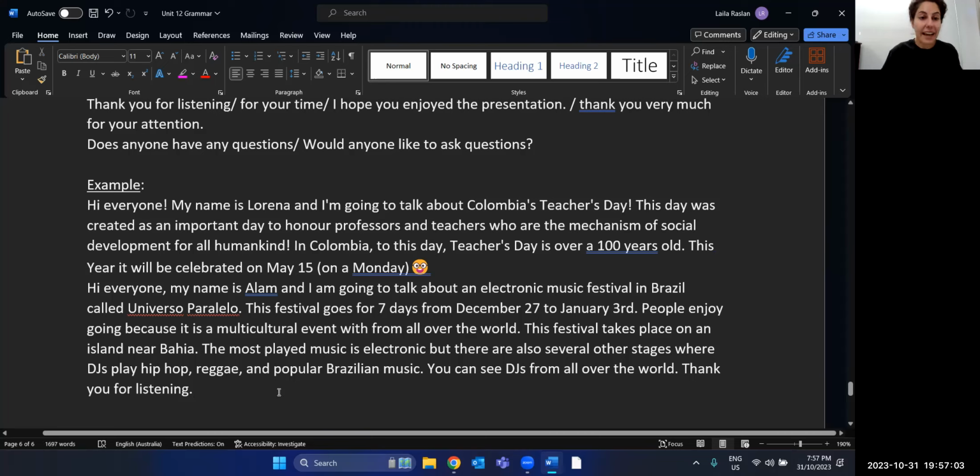This day was created as an important day to honor professors and teachers who are the mechanism of social development for all mankind. In Colombia, to this day, Teachers' Day is over 100 years old. This year, it will be celebrated on May the 15th, which is a Monday.